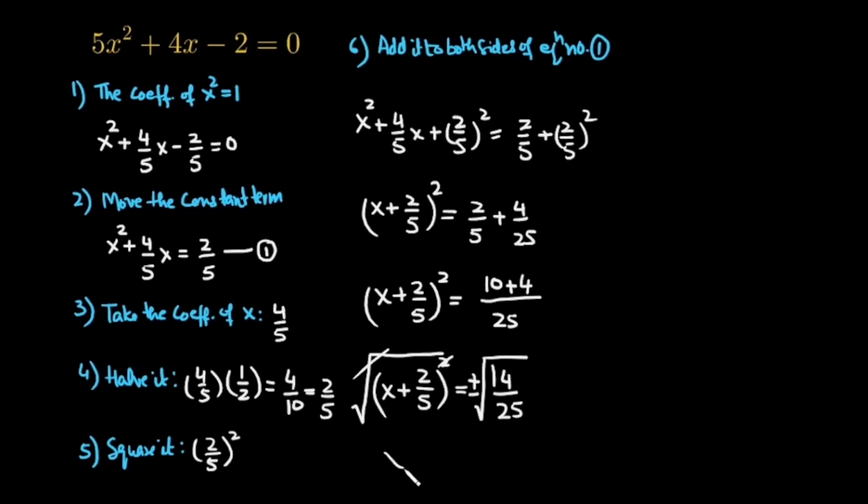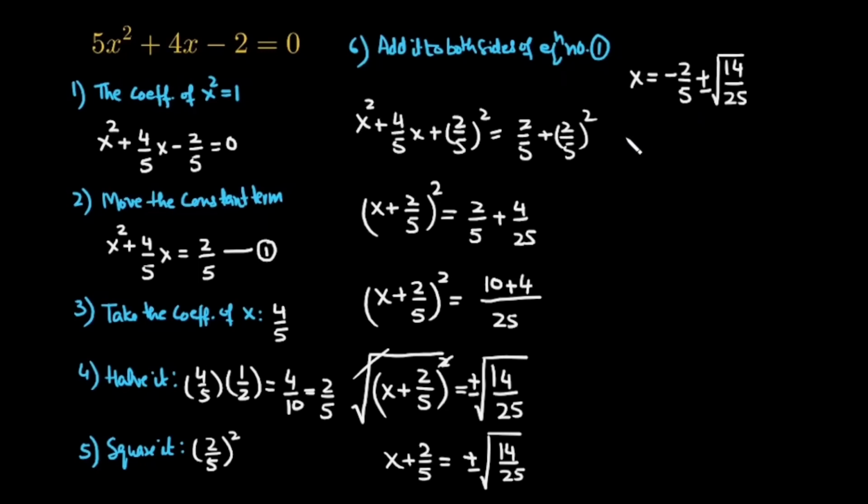So we will get x plus 2 over 5 equal to plus minus square root of 14 over 25. So shift this 2 over 5 to this side. So x is equal to minus 2 over 5 plus minus square root of 14 over 25.